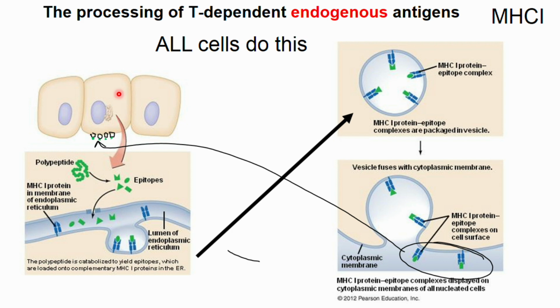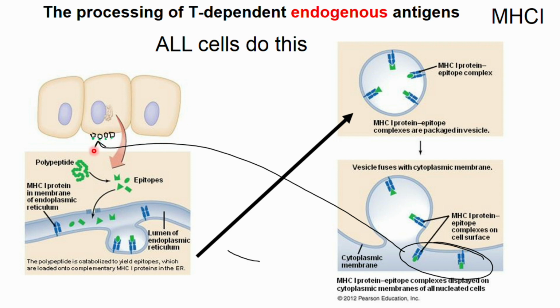Basically this happened so that the cell is showing off what it's got inside. Hey, look at me. This is what I've got inside me. Am I just self, or am I something nasty inside? In this case, these polypeptides that went through this process, went through this vesicle, went to the surface and are displayed. No B-cell receptor or T-cell receptor is going to bind to those, because they're innate, and say, you are in the wrong, we need to get rid of you.